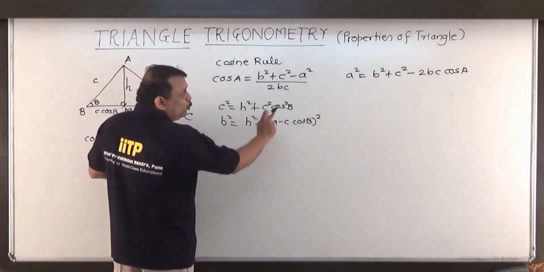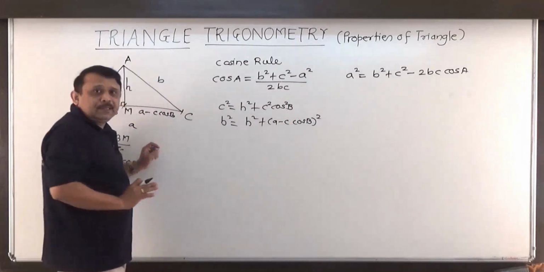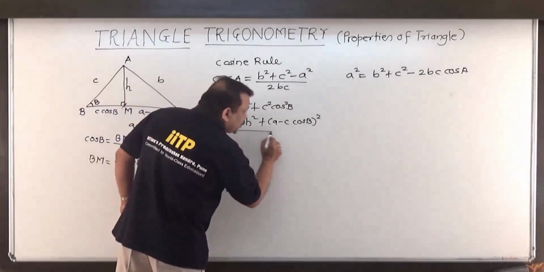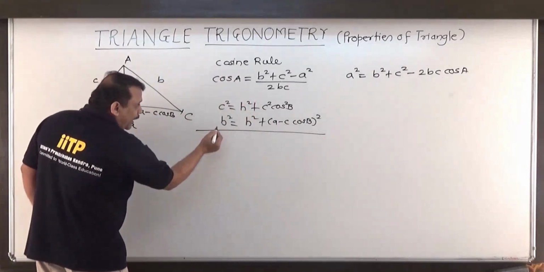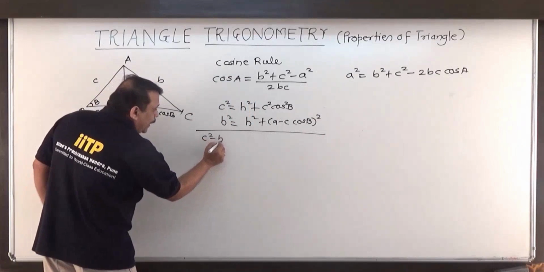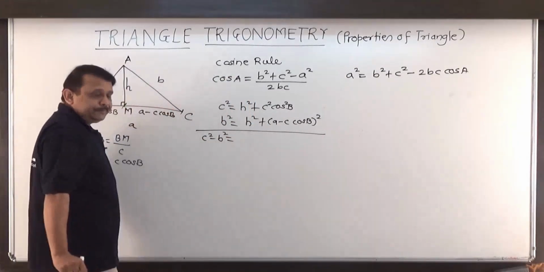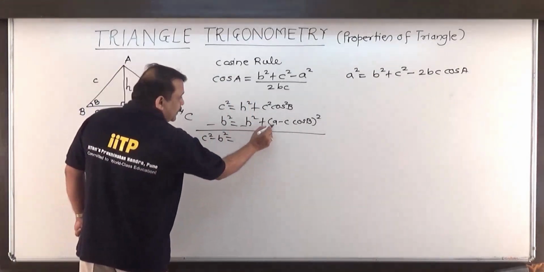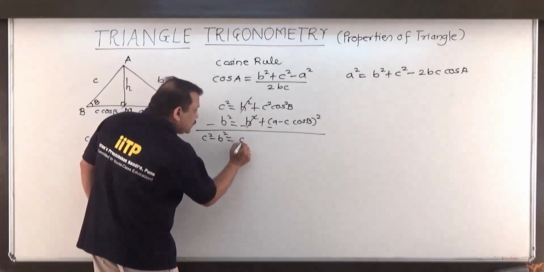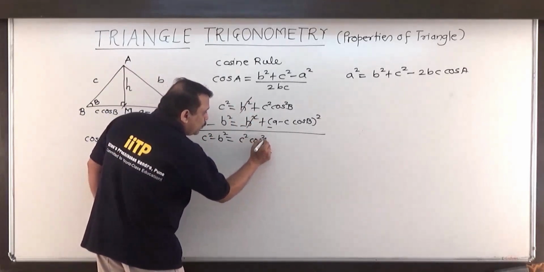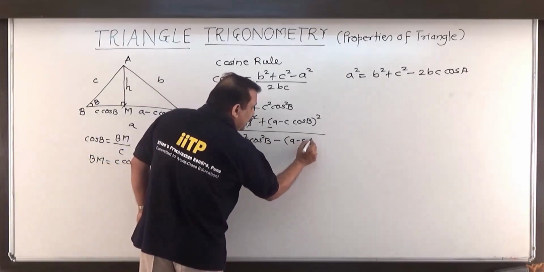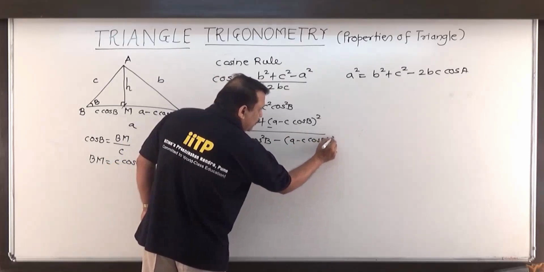Now what we do to establish this result, we will try to eliminate h by taking the subtraction. So if I do it over here, this is what? c² − b² = h² − h² (minus, minus and minus), so h² is cancelled. I get c² cos² B − (a − c cos B)².